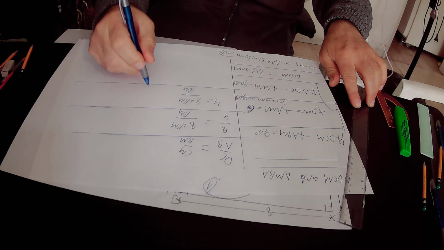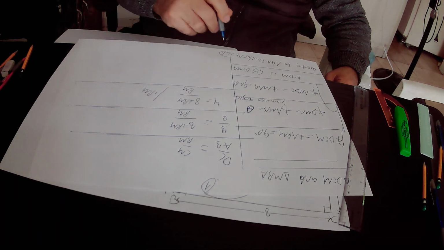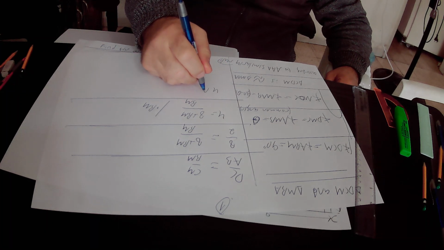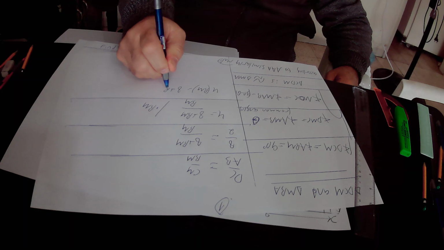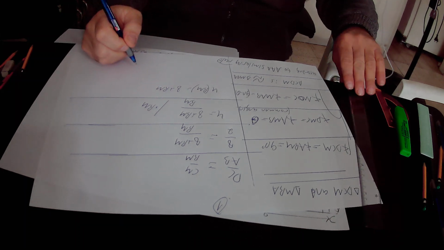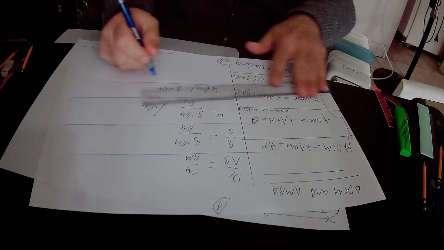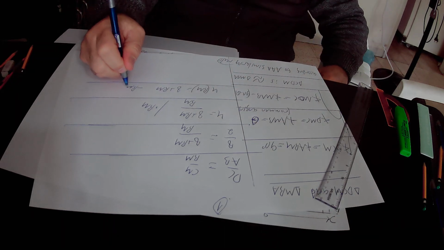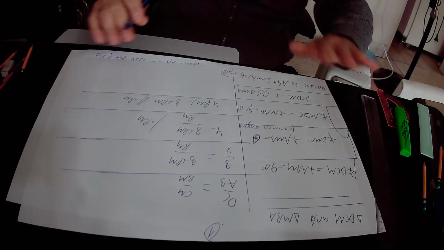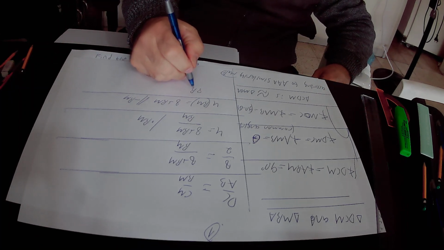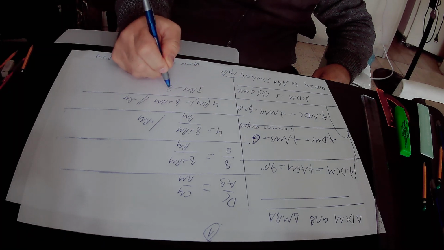Here we multiply this equation by BM, and we get that 4 times BM equals 8 plus BM. Here we subtract BM from this equation, and we get that 4BM minus BM is 3BM, which equals 8.